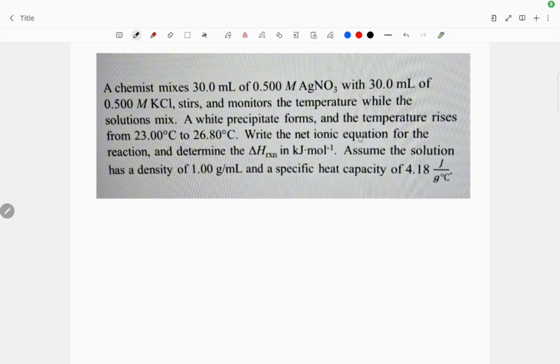Okay. So we know that a white precipitate forms. That means that something insoluble is going to form. And they're like, write the net ionic equation for the reaction.